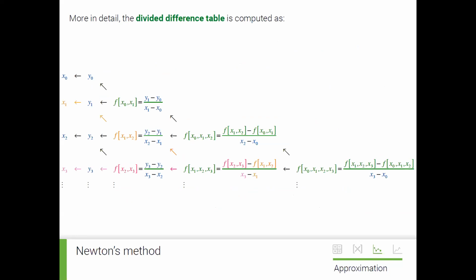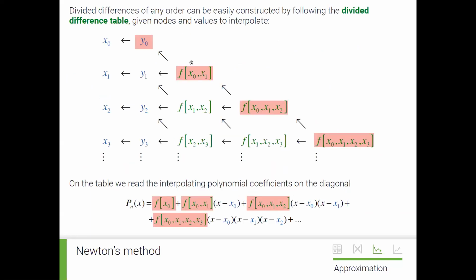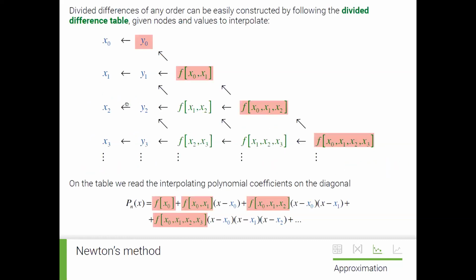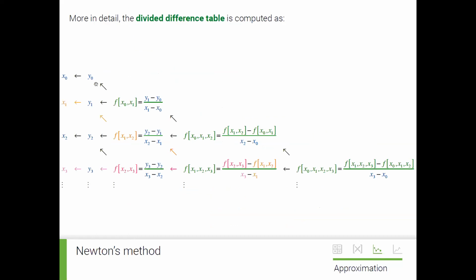So now here we have just the coefficients. Now the values of these coefficients. You can see y0 is just f[x0]. And f[x0, x1] equals (y1 − y0) over (x1 − x0).